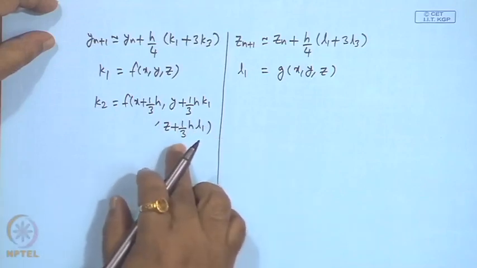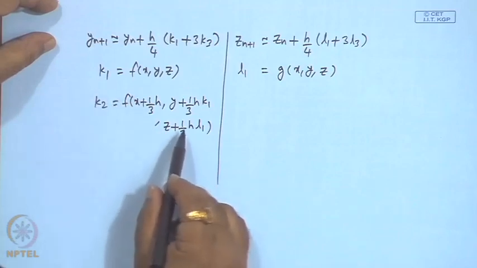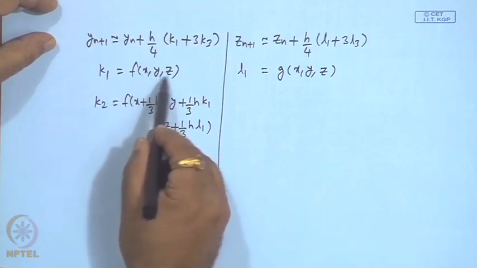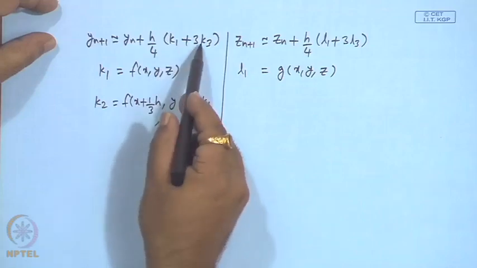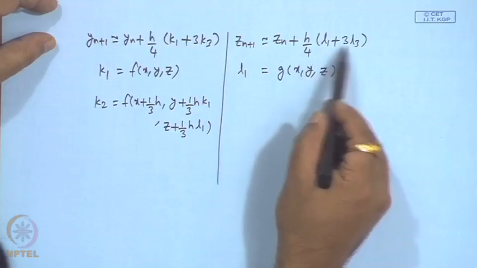So, this is the difference while defining RK method coefficients. This is the difference, because these are two dependent variables. So, for y we are computing k 1, k 2, k 3, and for z we are computing L 1, L 2, L 3.